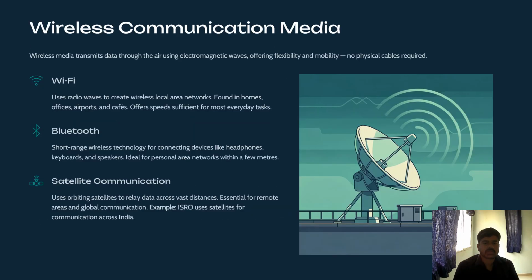The second type is wireless media. In this category, we have Wi-Fi, Bluetooth, satellite. In India, satellite communication is managed by organizations like ISRO. Wireless communication is very important today.